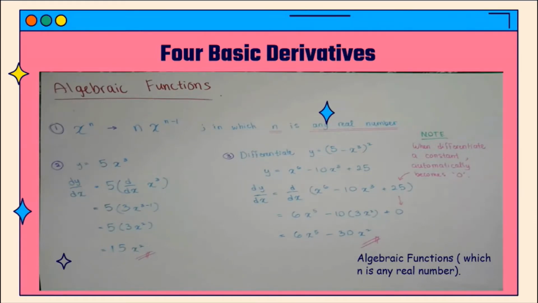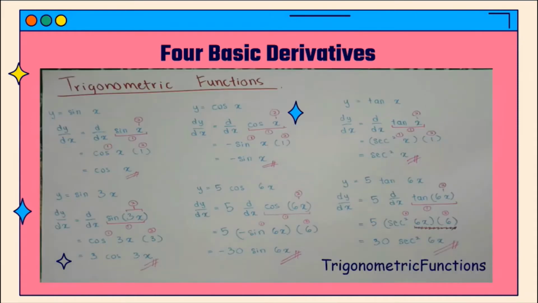The power rule states that if f of x equals x raised to the power of n, which is any real number, then f prime of x equals n multiplied by x raised to the power of n minus 1. Next, we have trigonometric function. There are 6 formulas that can be used in application problems of the derivatives.